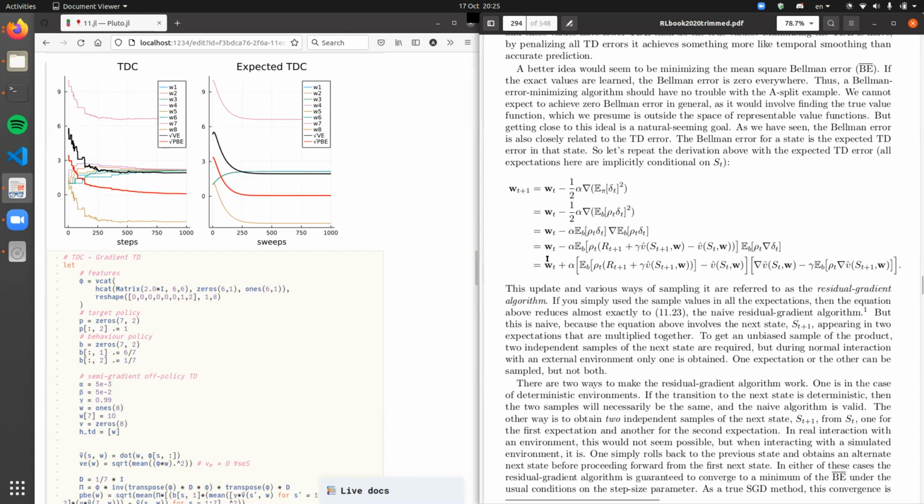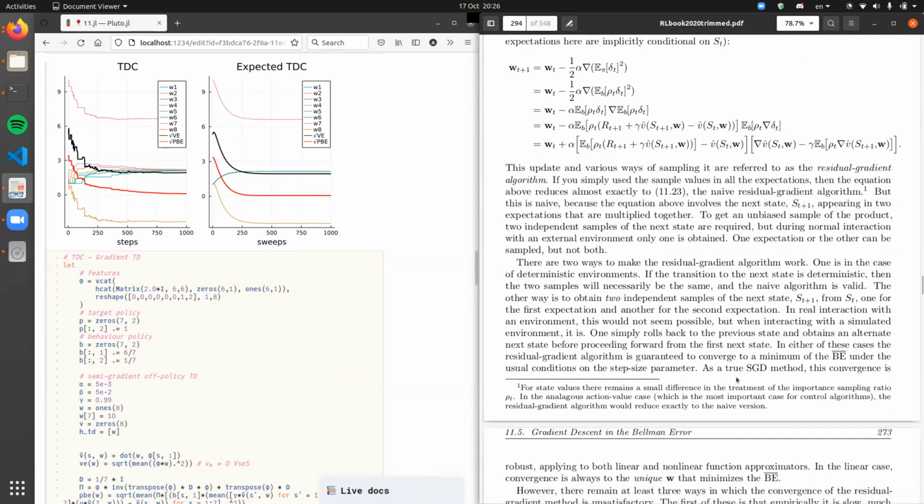When we have data generated by real-world interactions, we can never get independent samples for s sub t and s sub t plus 1, because s sub t is always followed by s sub t plus 1. We have only one sample for each trajectory.